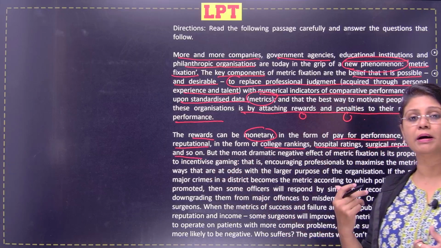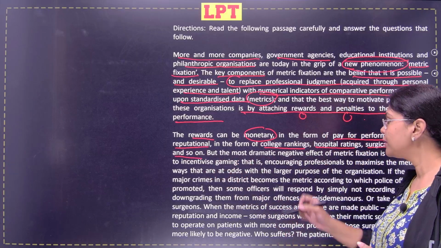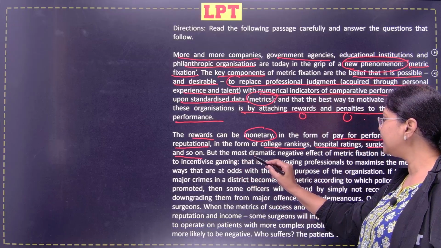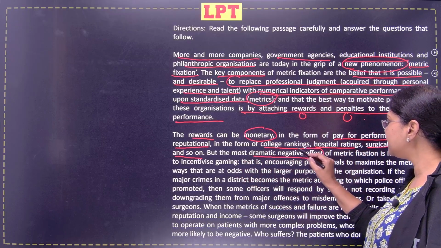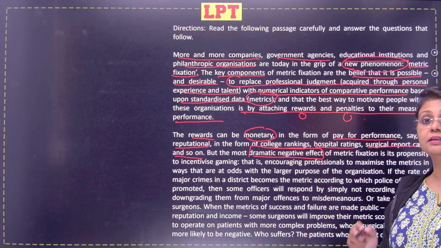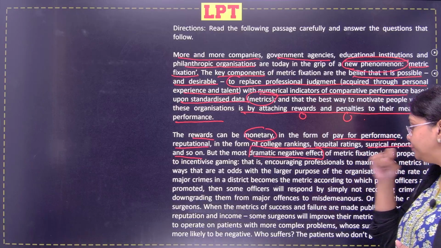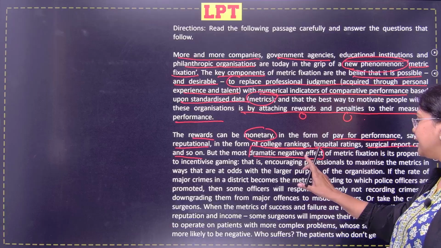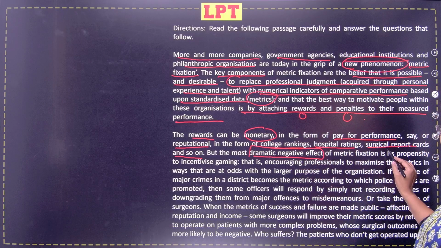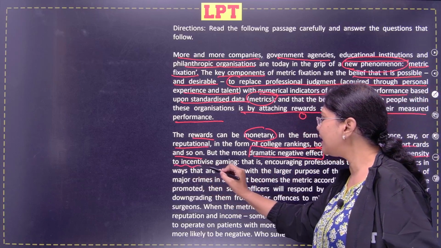But the most dramatic negative effect, the author is talking about the negative effect of metric fixation. What does he say? But the most dramatic negative effect of metric fixation is its propensity to incentivize gaming.